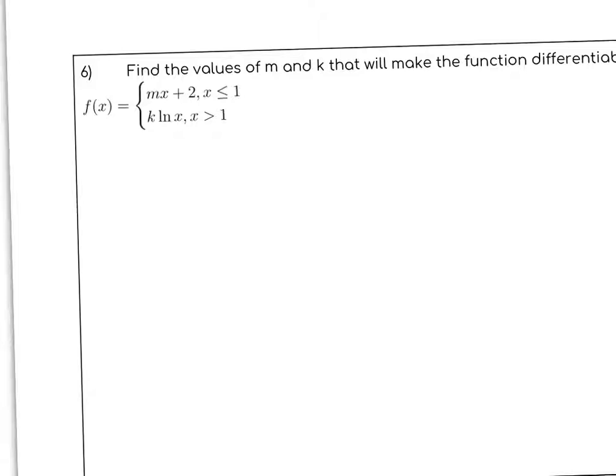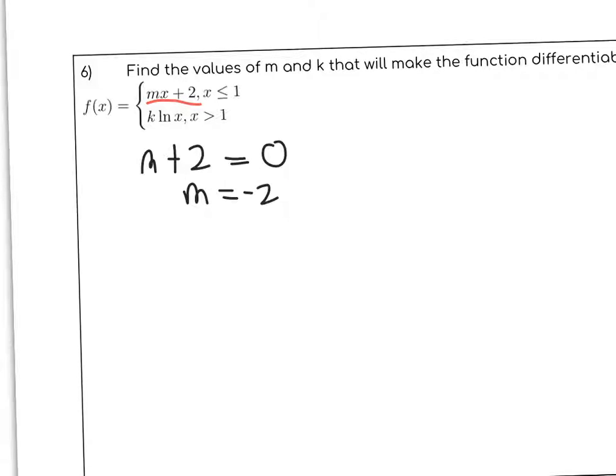Alright, so now I've got to find m and k again. We start with my limits. The limit from the left is going to be m plus 2, the limit from the right is going to be 0. Therefore, m equals -2. Take the derivatives.